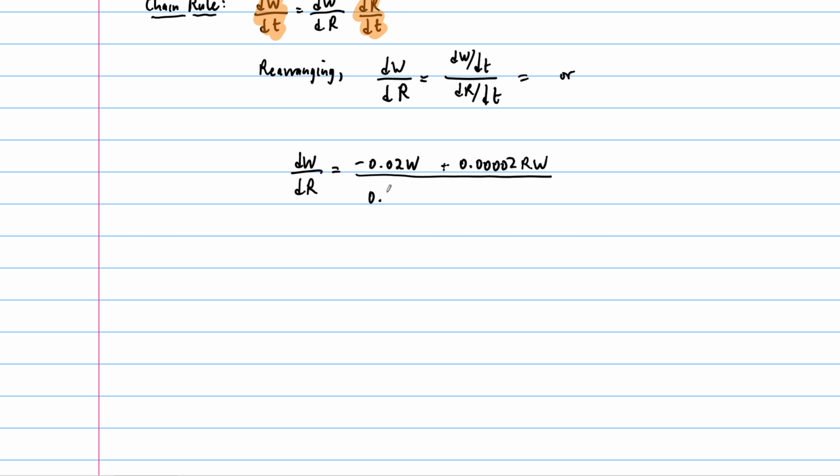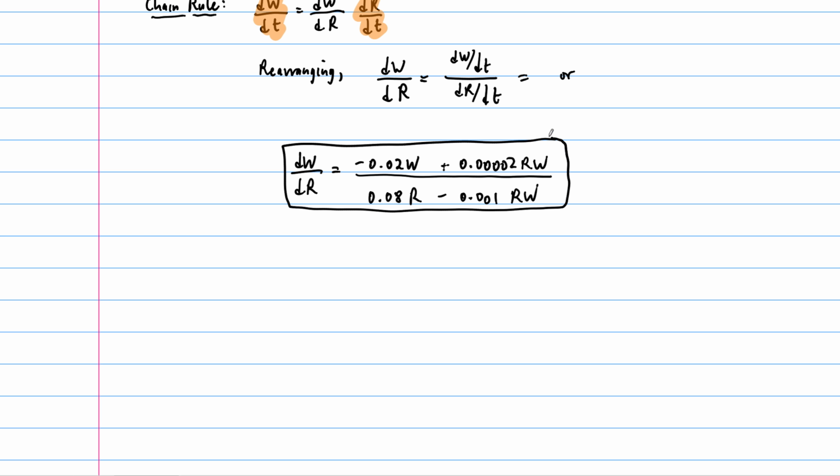But the denominator becomes 0.08 times R minus 0.001 times R times W. And so now this is a differential equation that relates the wolf population to the rabbit population.